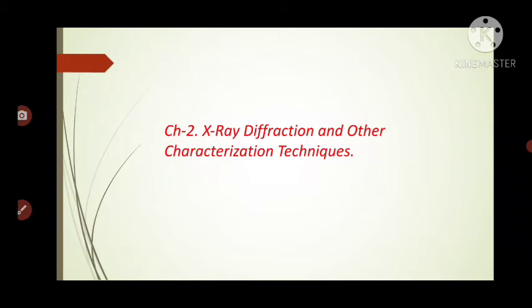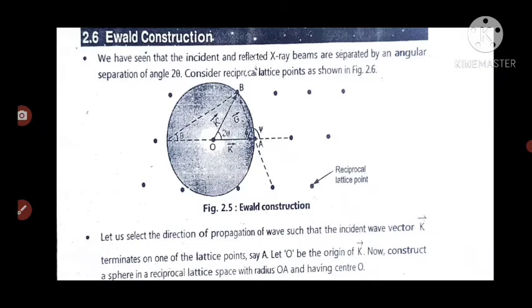The main condition is Bragg's law, 2d sin theta equals n lambda, where lambda is the wavelength of the X-ray and d is the interplanar distance. According to this condition we find the wavelength of the X-ray or the interplanar distance of the crystal. So that point we have already seen in the last lecture.